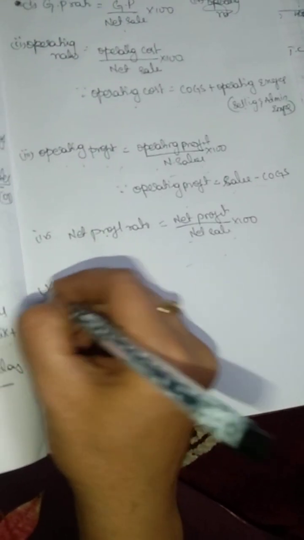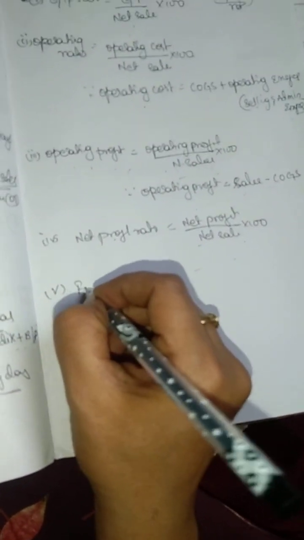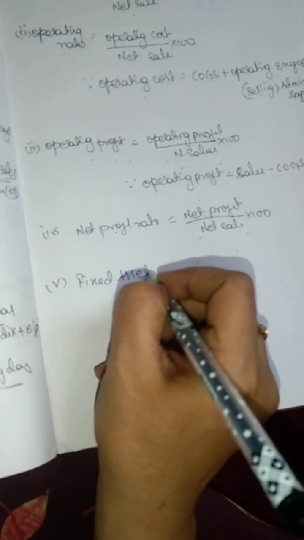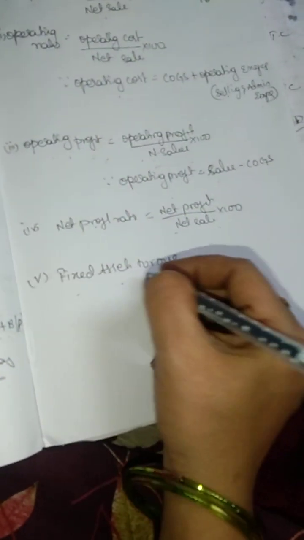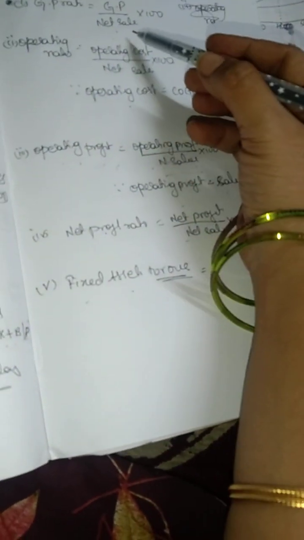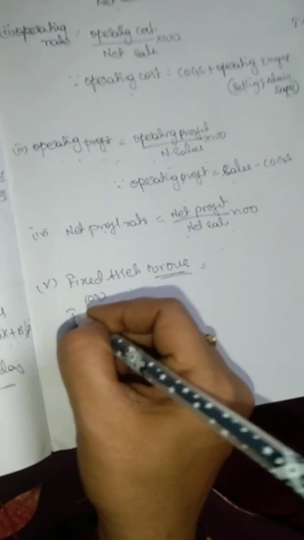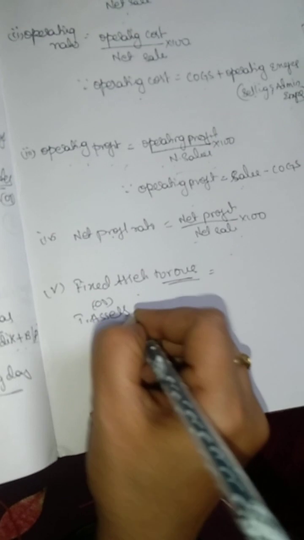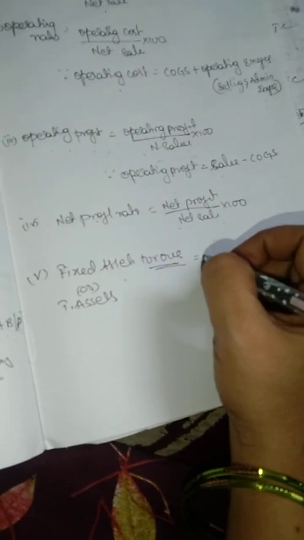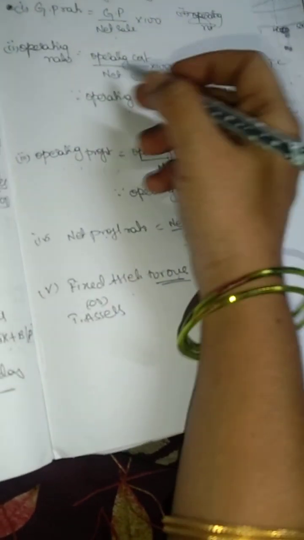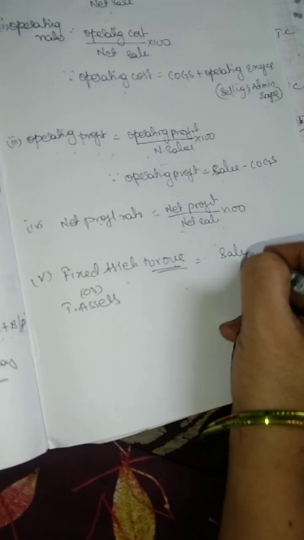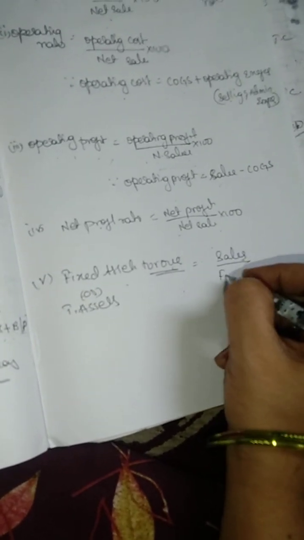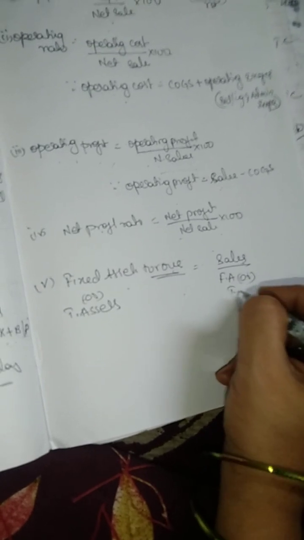But one more thing will be asked in most cases: they will ask you fixed assets turnover, or sometimes total assets turnover. Remember, in these cases alone, leaving all the above, sales will be on the top, divided by fixed assets or total assets, as the case may be.